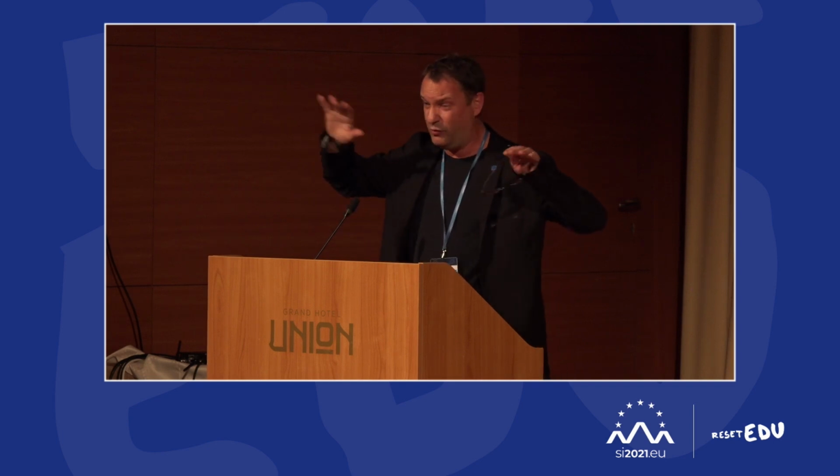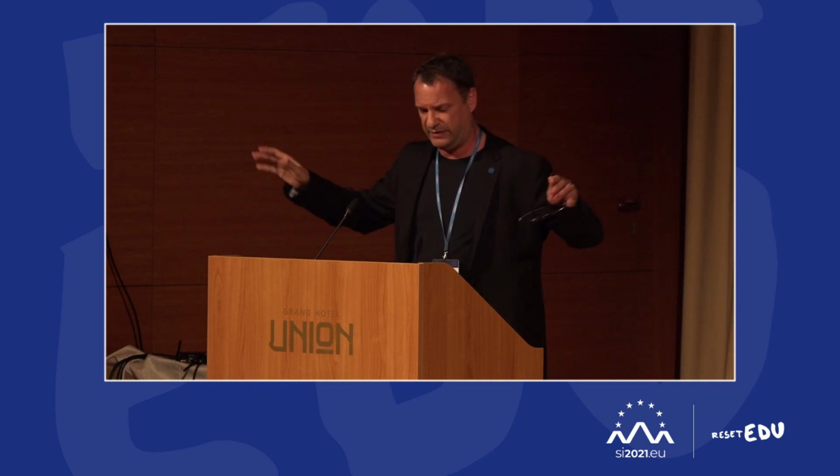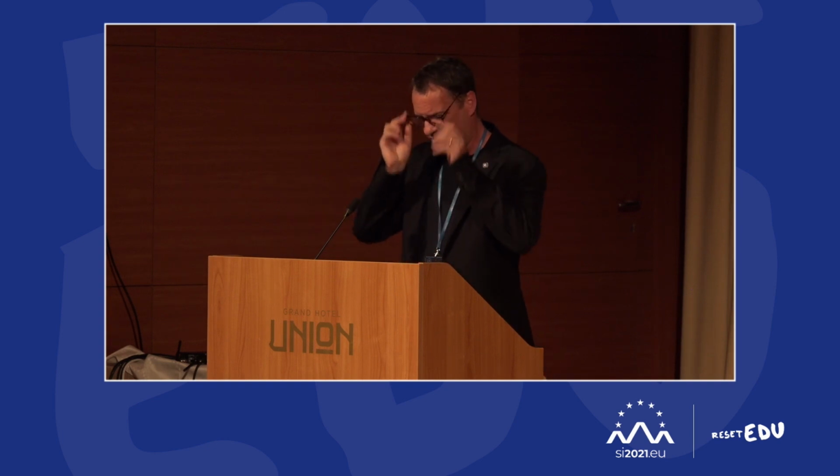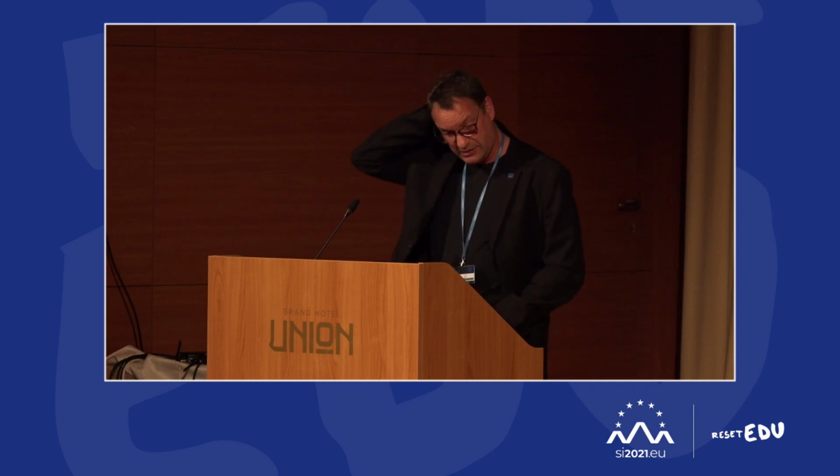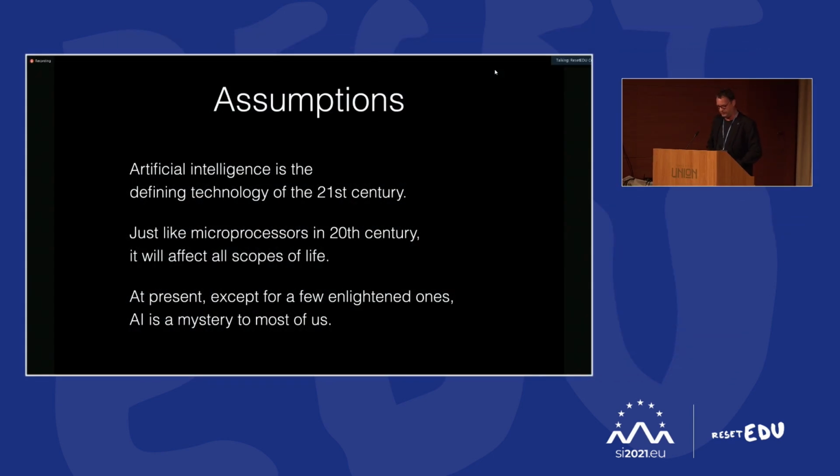So we learn about all the other technologies that surround us, right? But we learn nothing about AI. Okay, so just to start my talk now, here are the assumptions. I will assume, and I will not actually promote this because you are already convinced: artificial intelligence is the defining technology of the 21st century.